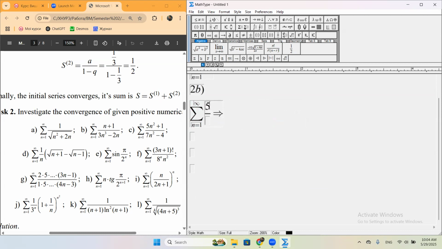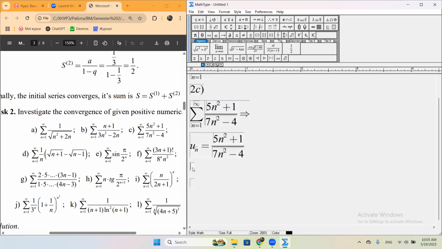So, writing down the series: 5n squared plus 1 over 7n squared minus 4. So u_n, the nth term, is the following.